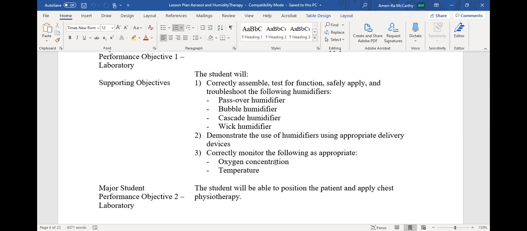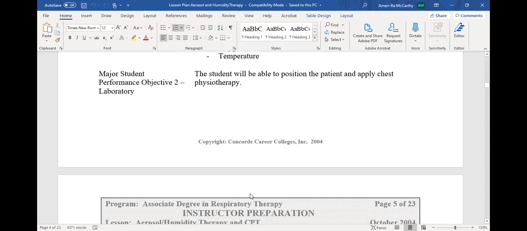You'll be able to demonstrate the use of these humidifiers using appropriate delivery devices. Number 3, correctly monitor for the following as appropriate: the oxygen concentration and the temperature. All those things are important, especially temperature. Temperature is very, very important as it pertains to the humidity.